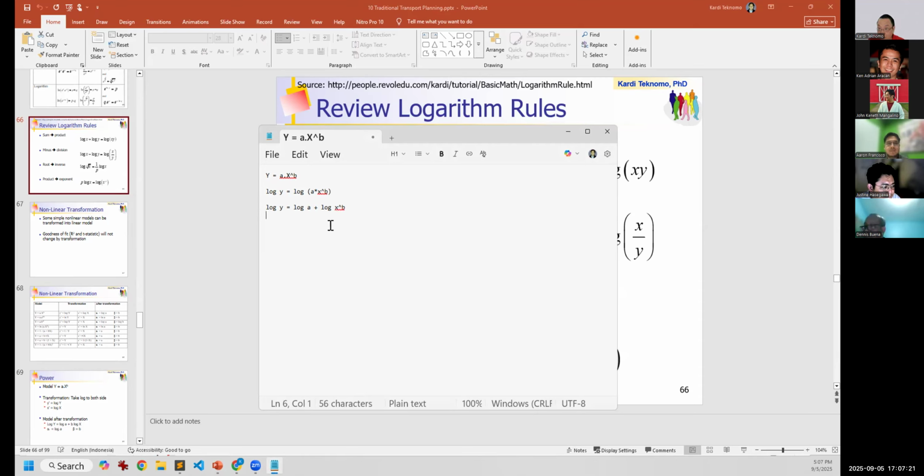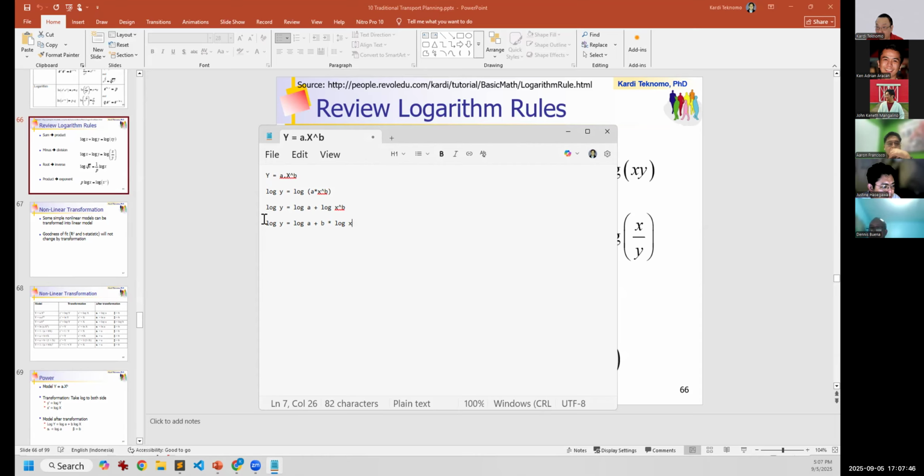So I will copy all of this. Now the exponent goes out here, B, now multiplied by log x. Can you see that?